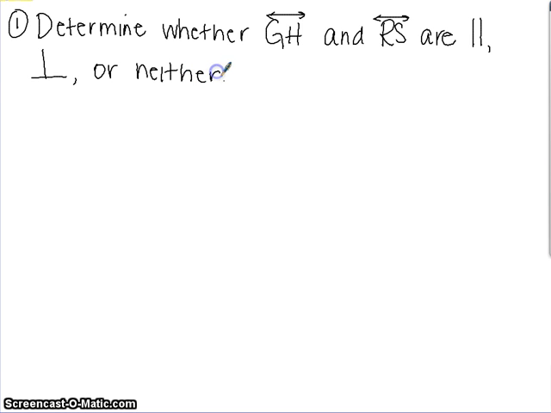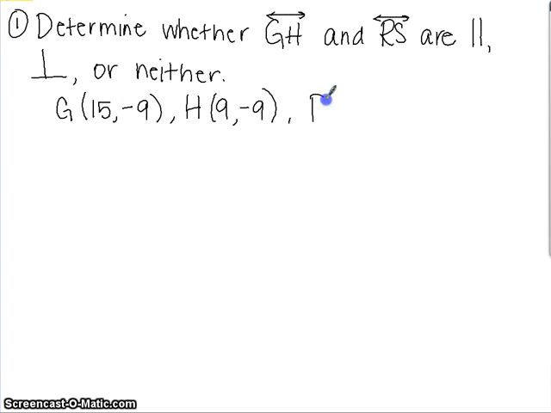Notice how I use the symbols to try and keep it a little bit shorter. And then here are the points. G is at 15, -9. H is at 9, -9. R is at -4, -1. And S is at 3, -1.